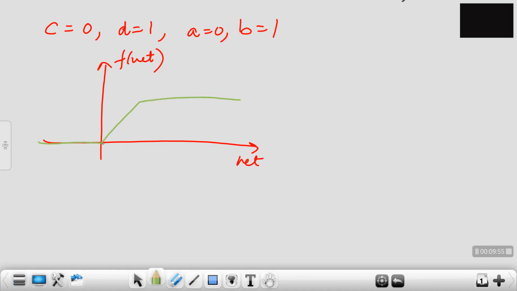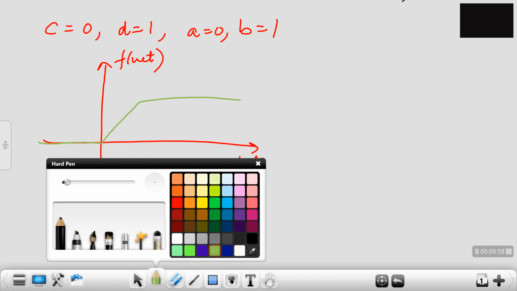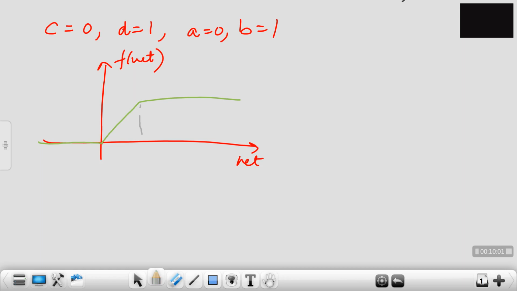Okay, so this point is nothing but 0 and this point is nothing but 1. So this is 1 comma 1 and this is 0 comma 0. So in between 0 and 1 the output is allowed to vary with respect to the input, and otherwise the output will be equal to 1.